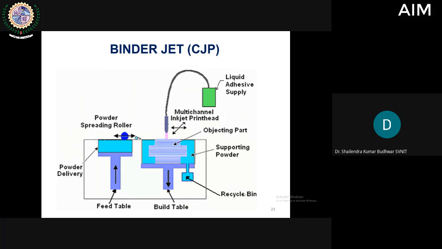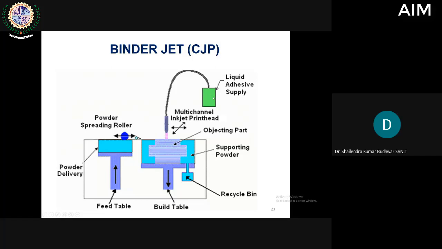You can see in this figure that the binder that is stored in this liquid adhesive tank is deposited on the powder bed. Now this powder may be made of metal, ceramic, or any other material.